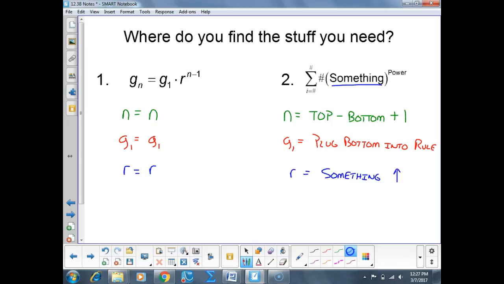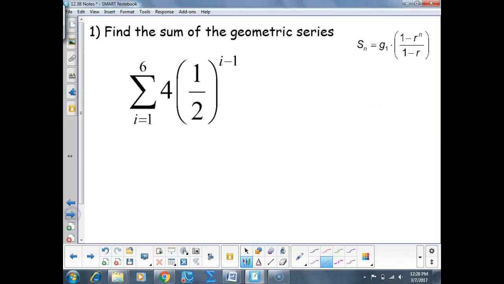G sub n, if you want to use that G sub n formula, over here, it's G sub n. Over here, you're going to plug the top into your rule. It all depends on where you get it from. But you guys are pretty adept at finding that information, so let's do it.